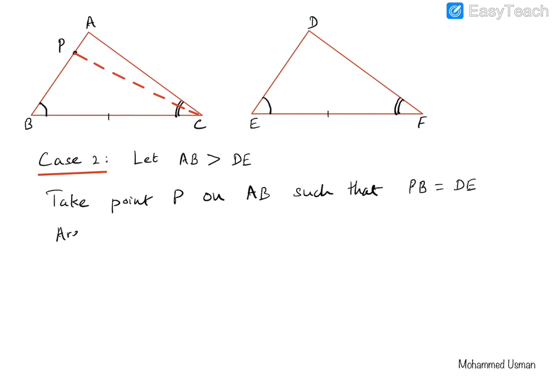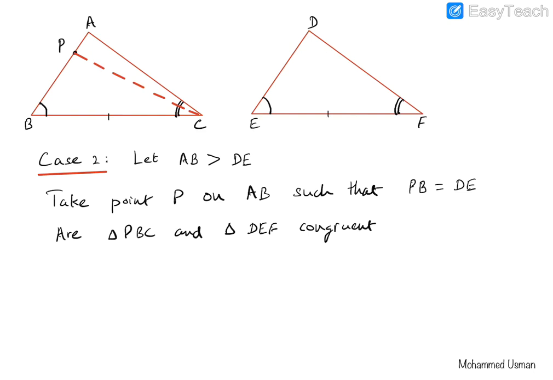In this case, we will consider now whether the two triangles, triangle PBC and triangle DEF, are congruent. Because we have taken the point P on AB such that PB is equal to DE, and we have angle B equal to angle E and BC equal to EF, by SAS rule the triangle PBC and triangle DEF will be congruent in the case of AB greater than DE.